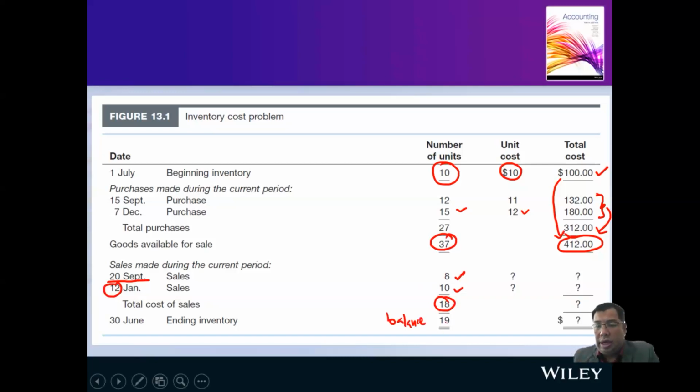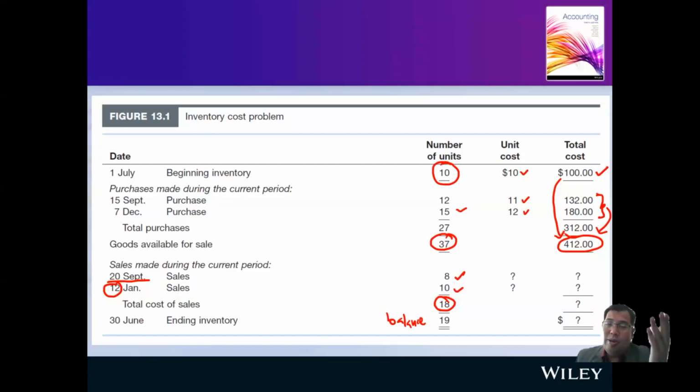The question is, for the 8 stock, what is the value? What is the cost? Are you going to use the $10, $11, or $12? Which one? Okay, so it's subjective.